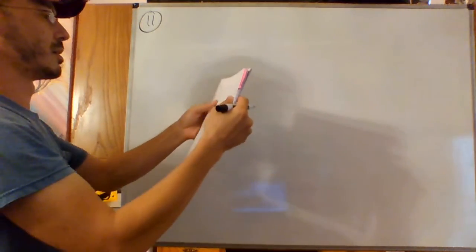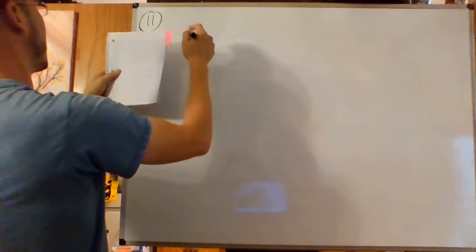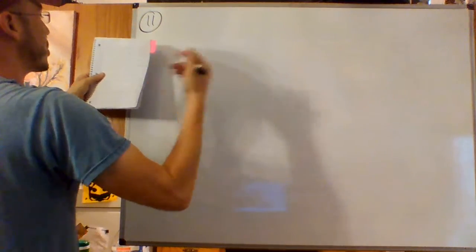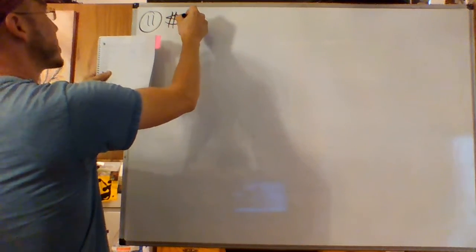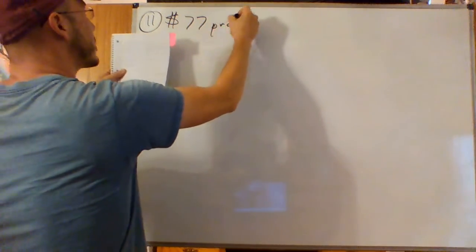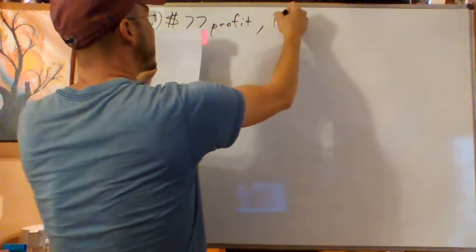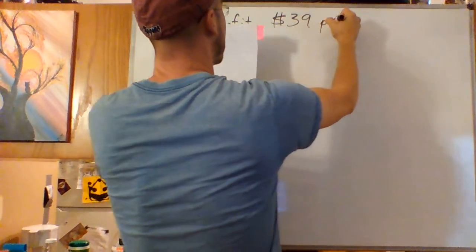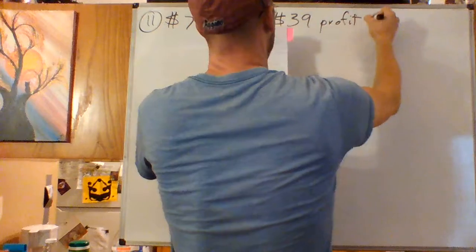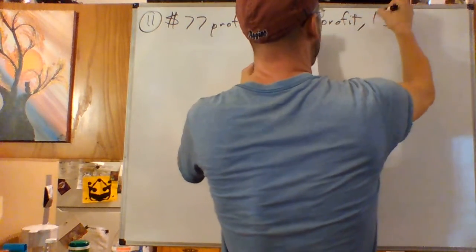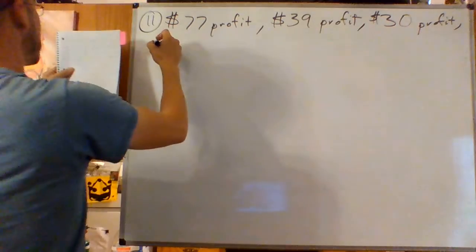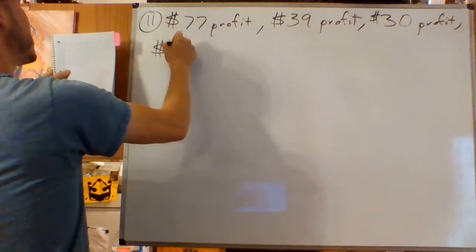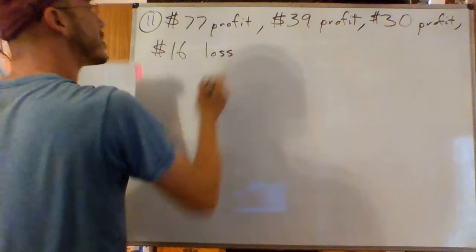Number 11 gives me a list and it wants to know what the net profit is. These are all dollar amounts. $77 profit, $39 profit, $30 profit, and finally $16 loss.